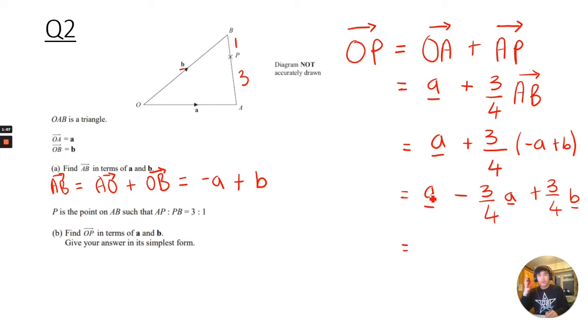So I've got A, take away 3/4 of A, so I'm left with 1/4 A plus 3/4 B, and that's my answer. So my answer is 1/4 A plus 3/4 B for part B. The main thing is just using what you know in part A for your answer in part B.